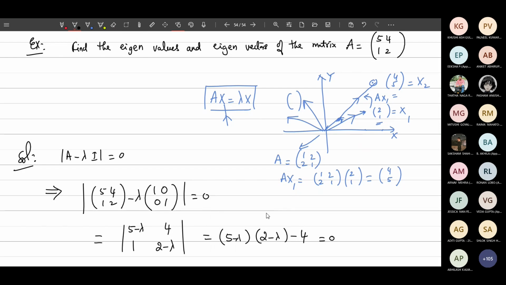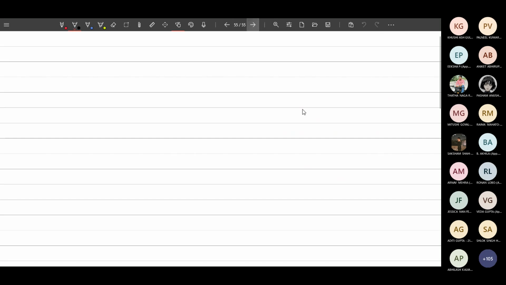Just simplify this, you will get a quadratic equation: lambda square minus 7 lambda plus 6 equal to 0. Now since it is a second degree equation, a maximum of 2 roots are possible. This means lambda equals 6 and 1.